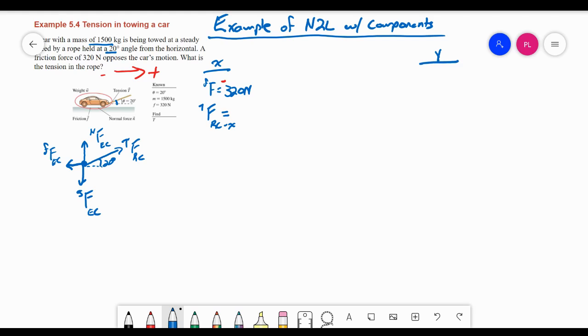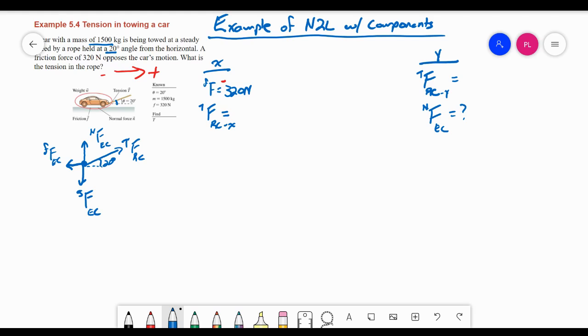In the y direction, they didn't give us anything directly. So we can play that same game with the force of tension, rope on the car, y direction. There is a y component to that. We know that there is also a normal force that the Earth exerts on the car.